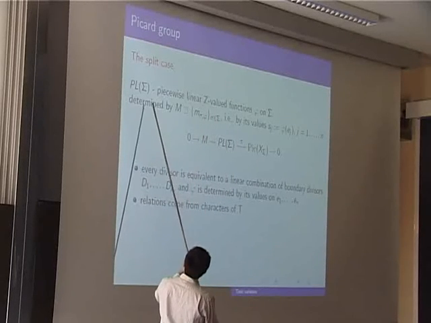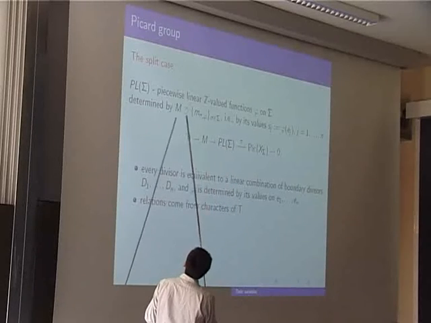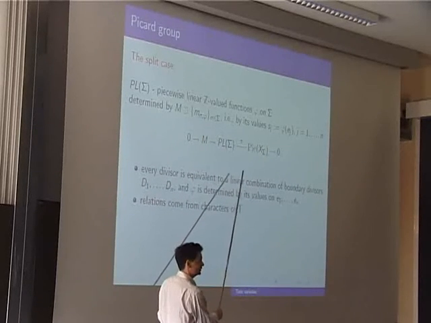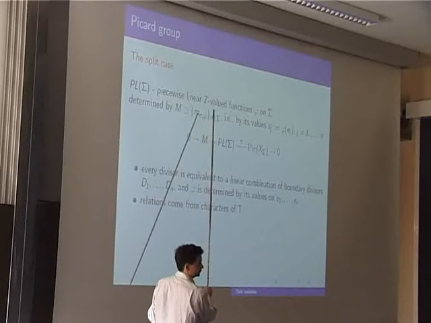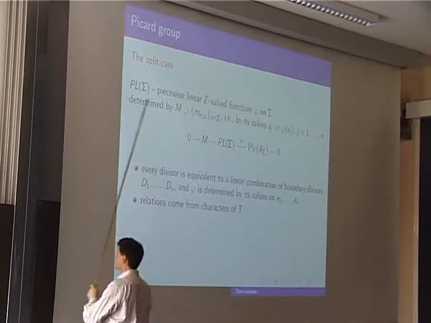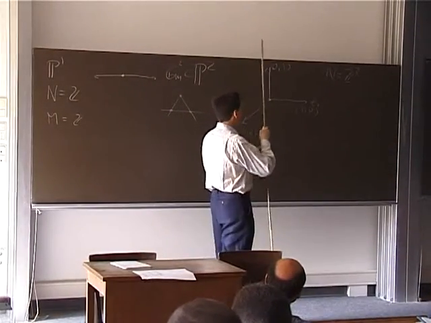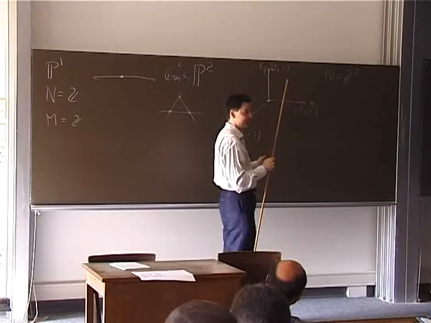Now, the way it's encoded in the toric picture is that you speak about piecewise linear Z-valued functions. I mean, it sounds very complicated. What is it? So you want functions that are linear on every cone of your fan. But how do you get a function that is linear on every cone of your fan? Well, if you have a function that's linear on every one-dimensional generator, well, that will be it.